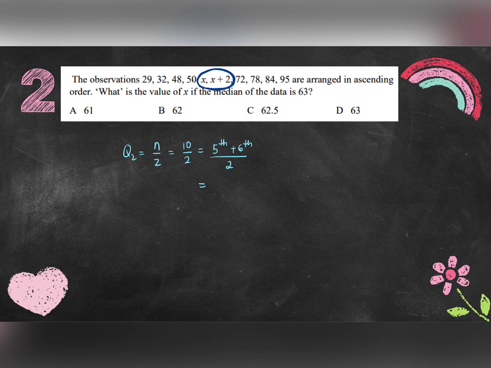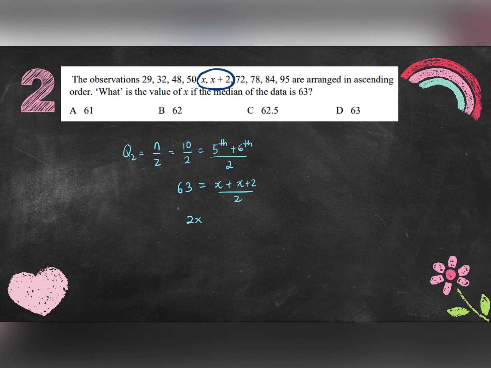Okay, kita kena cari x1 plus x2 divided by 2. Okay, now so we need to find the value of x. So kita dah tahu dah this will be the position and we know that the median of the data is 63. So ini akan sama dengan 63 and then kita akan selesaikan 63 darab 2 kita ada 126.